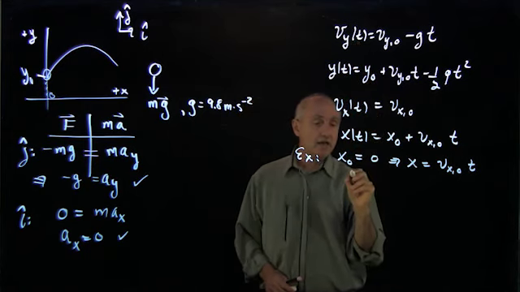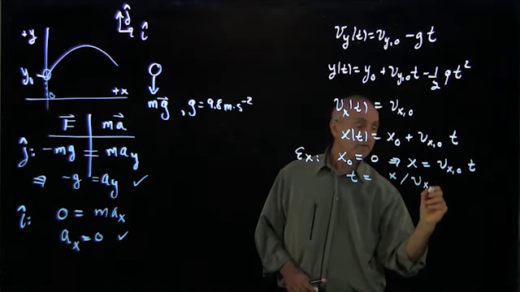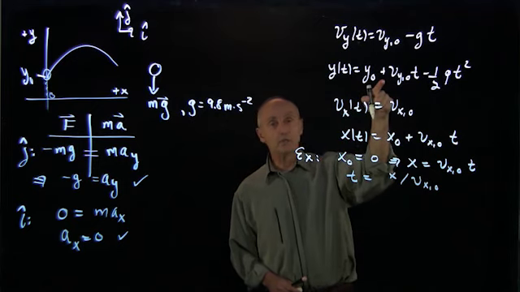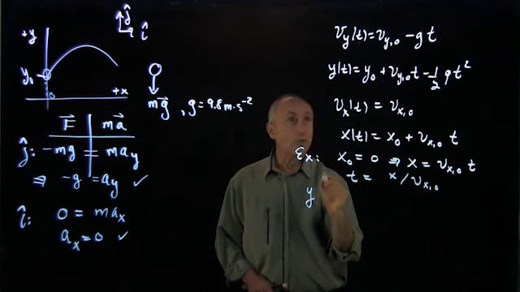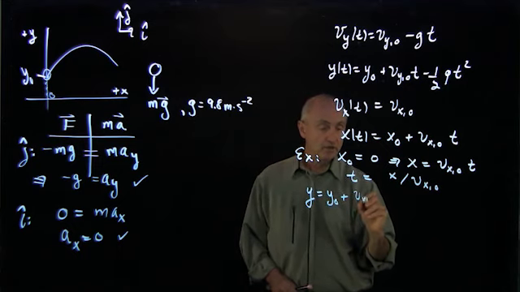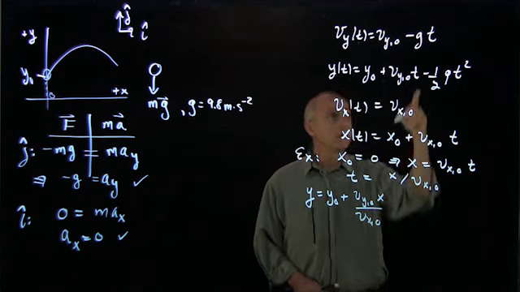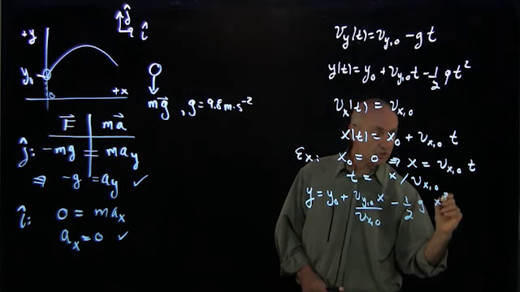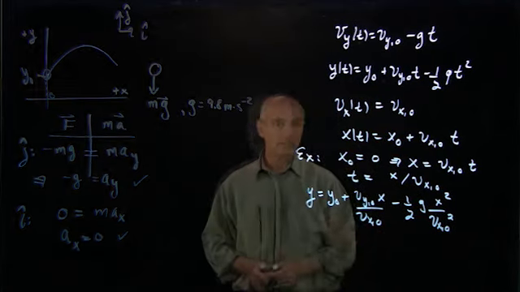And given this fact, that tells us that t is x divided by vx naught. And now I can take this value of t and put it into our vertical equation. And I get y is some initial value plus vy naught x over vx naught, substituting in for t, minus 1/2 g x squared over vx naught squared.